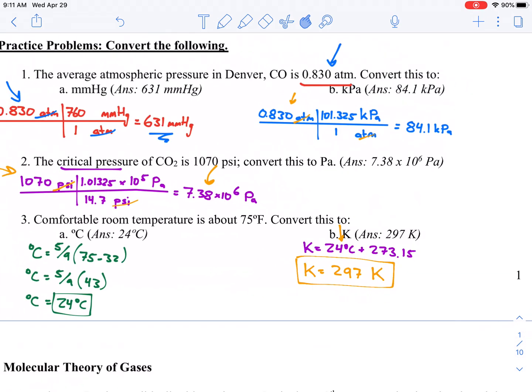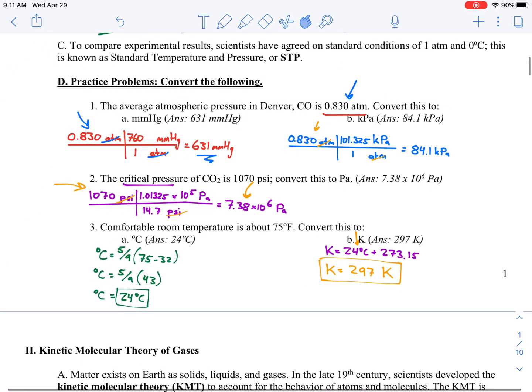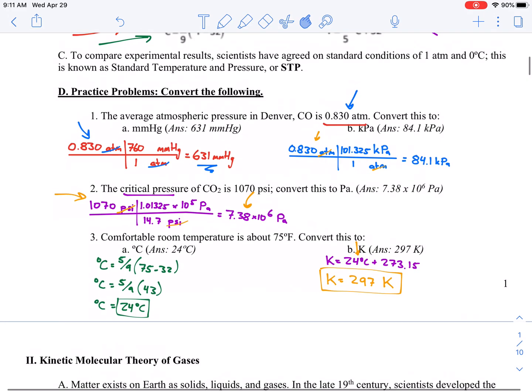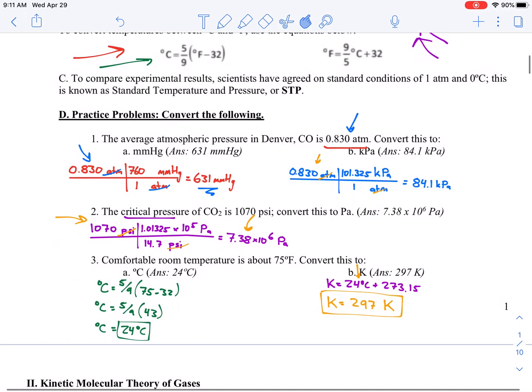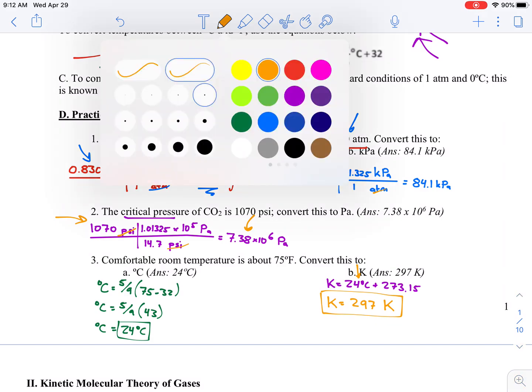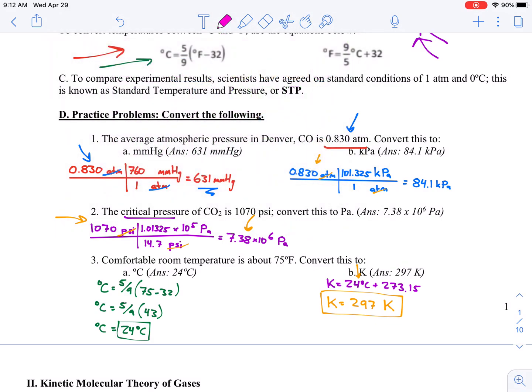The reason that we care about Kelvin is that Kelvin is the scale that includes absolute zero at 0. So 0 is the point on the Kelvin scale where absolute zero exists, and it's really the point where molecular motion ceases to exist. And so when we use gas law problems, we always have to use Kelvin, because 0 on Kelvin is where we don't have molecular motion, which means we'll never see 0 on the Kelvin scale.